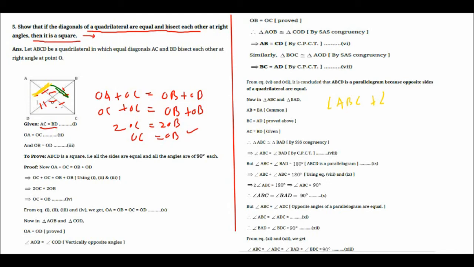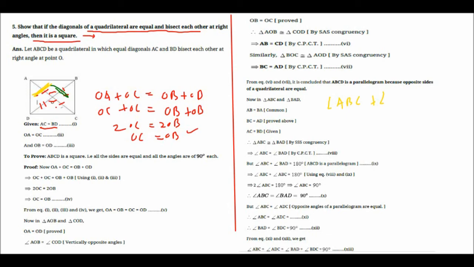And since the triangles are congruent, what we are trying to prove is that angle A equals angle B. Since the two triangles are congruent, the corresponding angles are also equal. Therefore angle ABC equals angle BAD, right? But now it is very important.